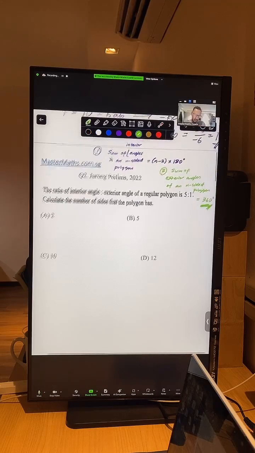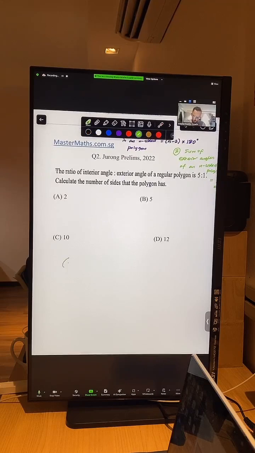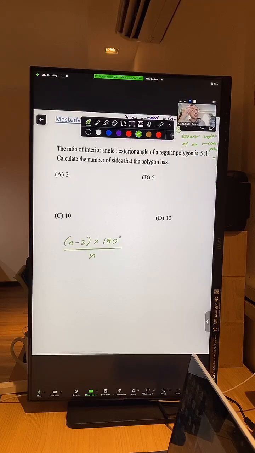So you know that your interior angle is going to be (n minus 2) times 180 degrees divided by n. This is each individual interior angle. And you know that your exterior angle is 360 divided by n, right?